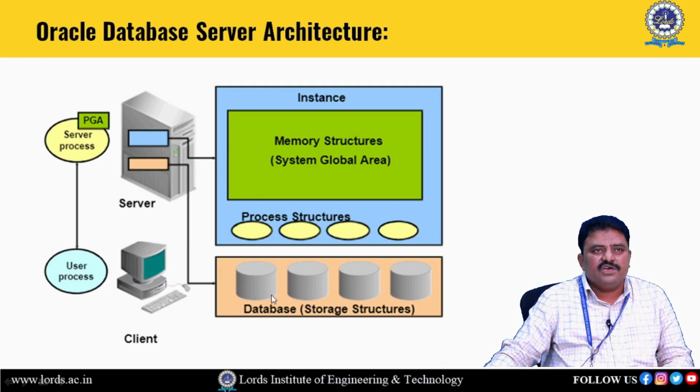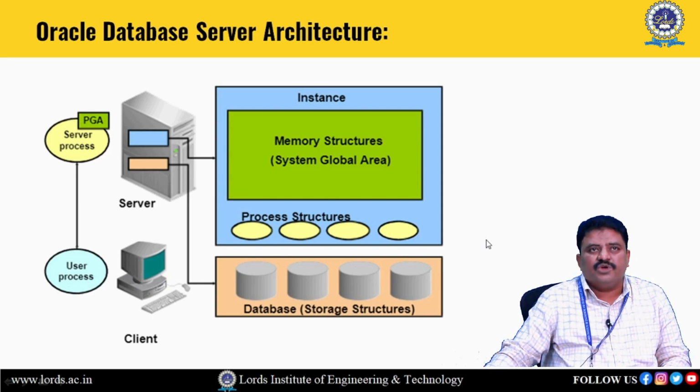As I told you, select star from EMP accesses a database object which belongs to a particular user, and to handle that data, this user process sends the information to the server, and the server accesses that data.